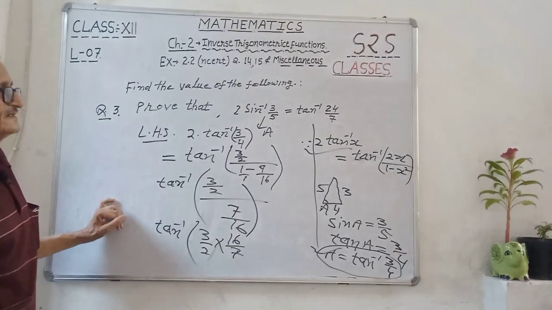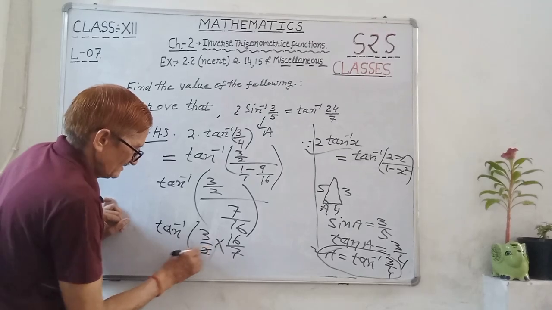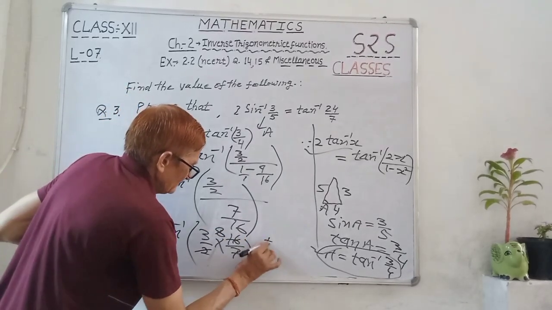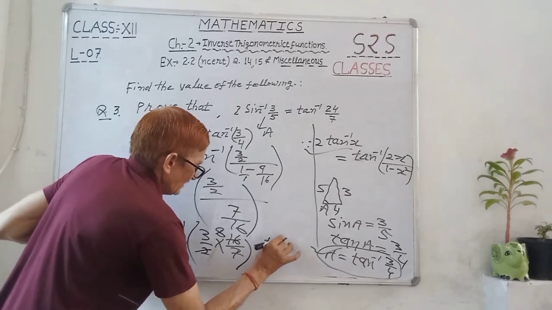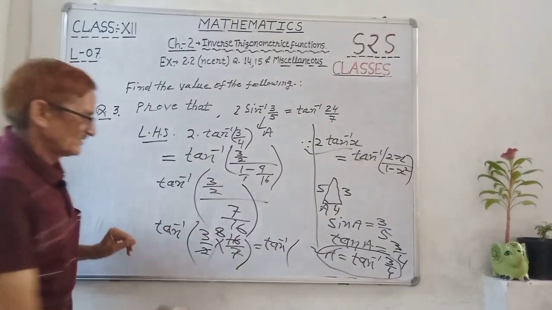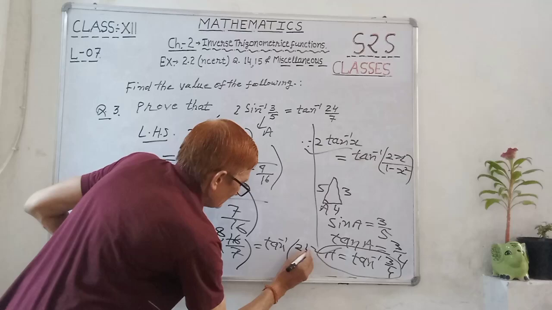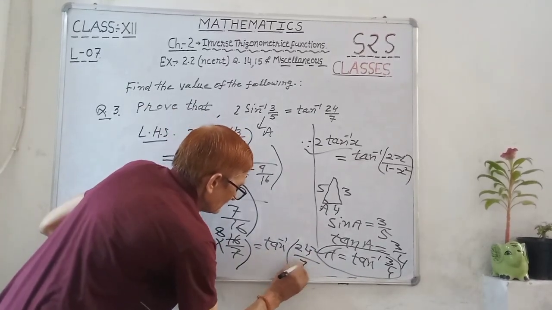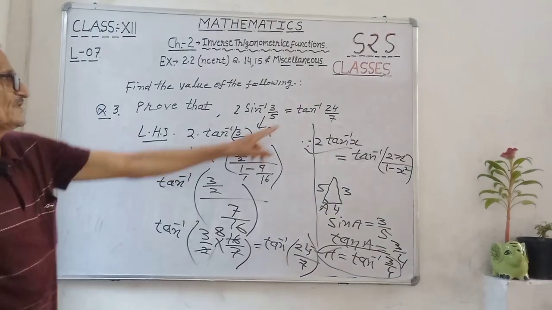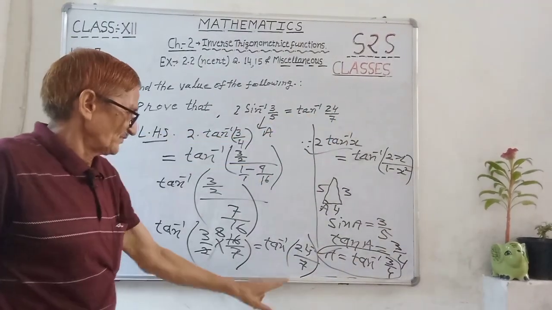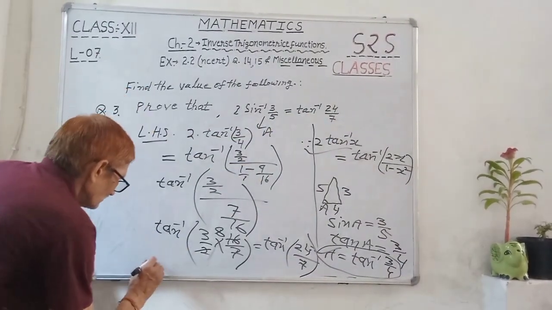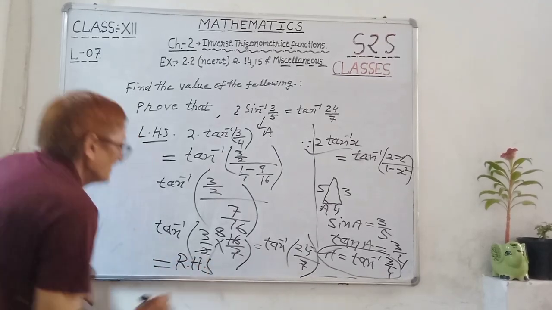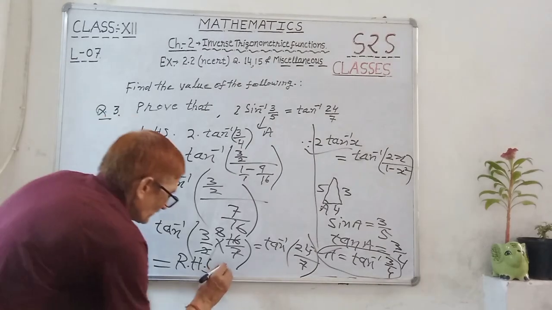Simplify: 2 eights are 16, then 8 threes are 24, so it is tan inverse 24 upon 7. This is the right hand side, so LHS equals RHS. Hence proved. Clear?